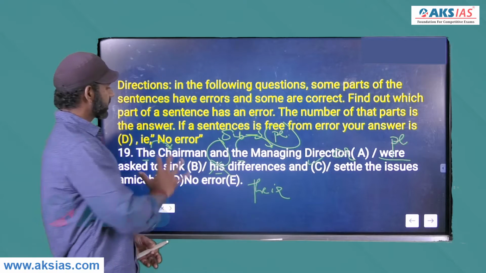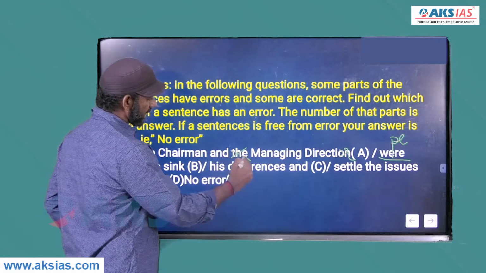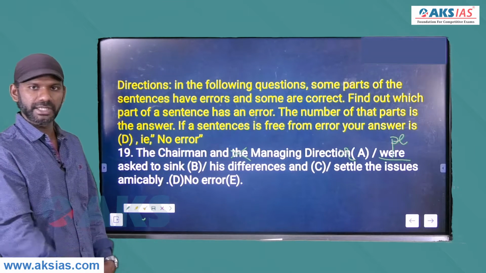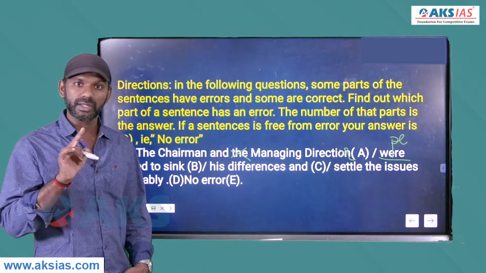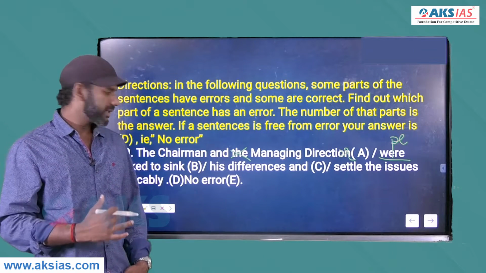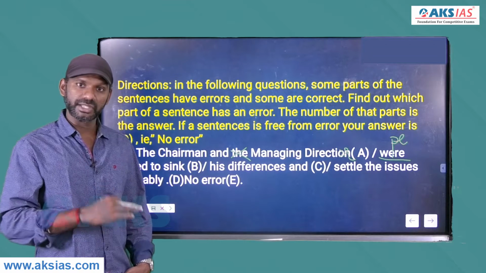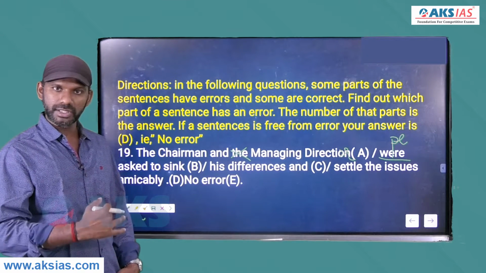Now, if I change the sentence this way, the chairman and managing director, it means there is only one person here and the same person is playing two roles. The same person is chairman as well as managing director. That means the subject is singular, only one person. The verb and the pronoun must also be singular.